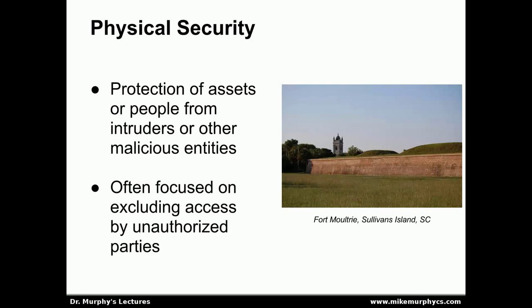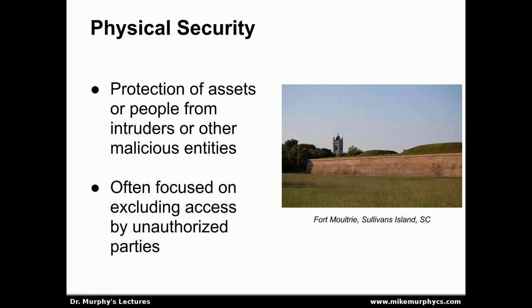And the focus of physical security is typically about building walls, about excluding access to different resources or different areas by unauthorized parties. Here, for example, is a wall on Fort Moultrie on Sullivan's Island, and this wall is designed for several purposes, one of which is that if someone is invading by land, it would be difficult to scale this wall.